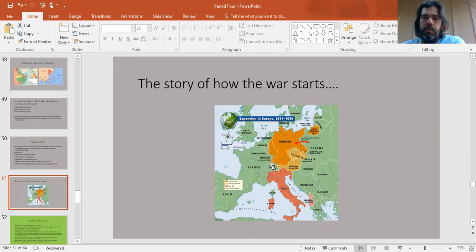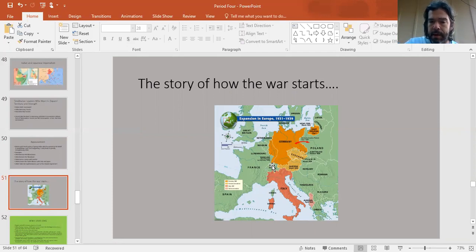This river is the Rhine River. One of the parts of the Treaty of Versailles said that Germany never, for posterity, never could Germany have a soldier west of the Rhine River.